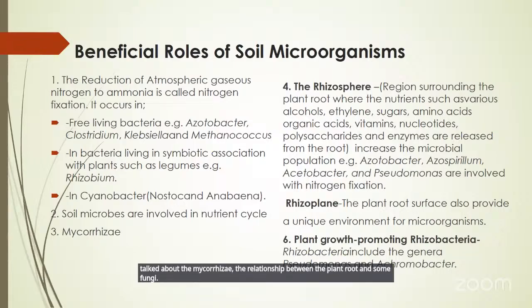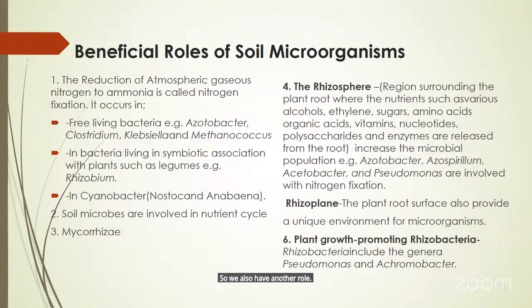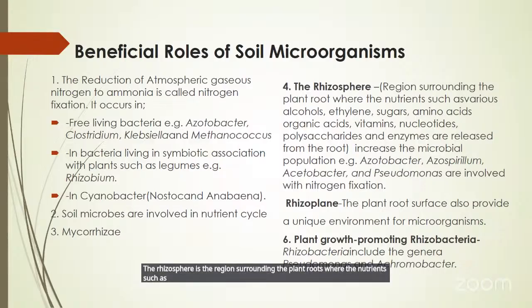So we also have another role that is played by soil microorganisms in the rhizosphere. The rhizosphere is the region surrounding the plant roots where nutrients such as various alcohols, ethylene, sugars, amino acids, organic acids, vitamins, nucleotides, polysaccharides, and enzymes are released from the root of the plant.